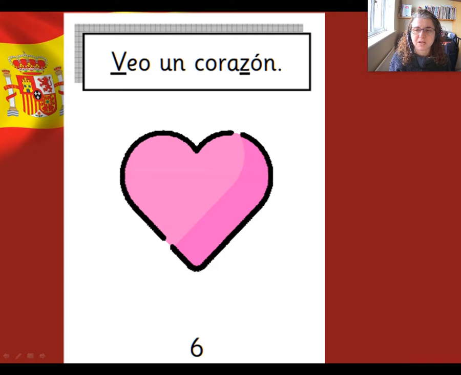What does that mean, do you think? That's right, I can see a heart. And un corazón, do you think that's a masculine word or a feminine word? That's right, it's masculine because it has un before it, and it doesn't end in o or a. However, if a Spanish word ends in o with an accent n, then it's likely to be masculine.